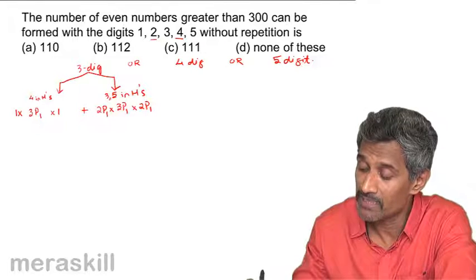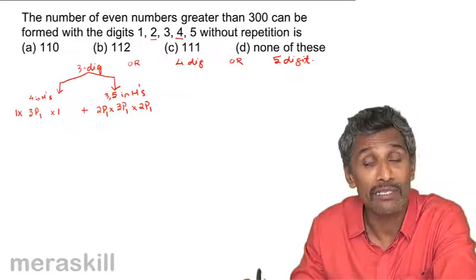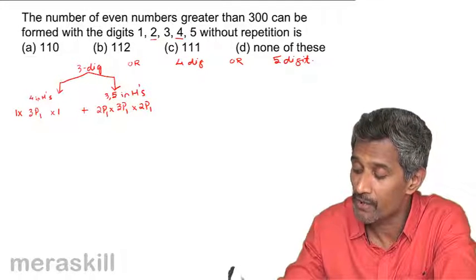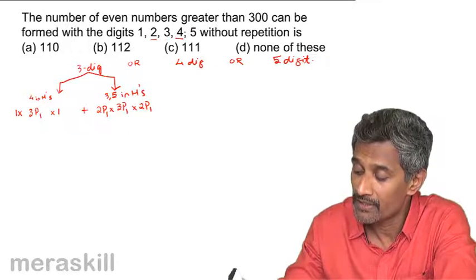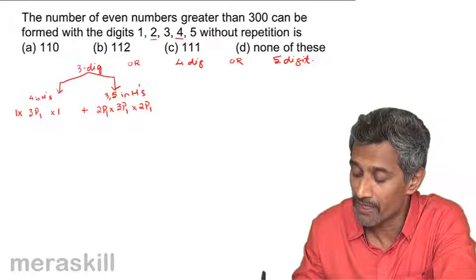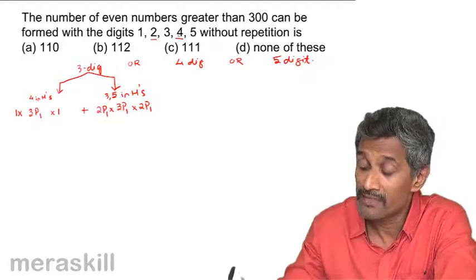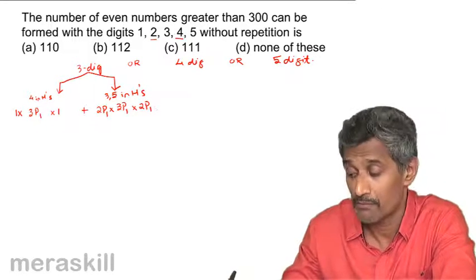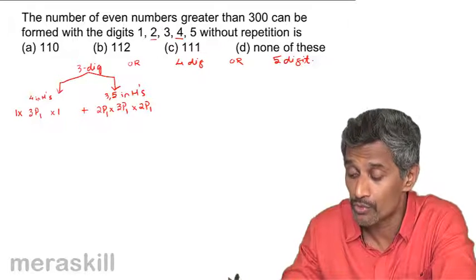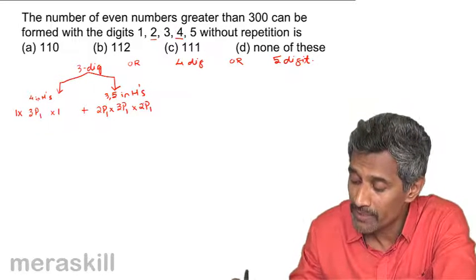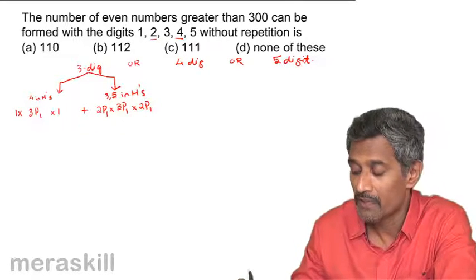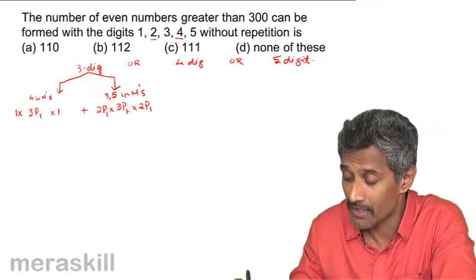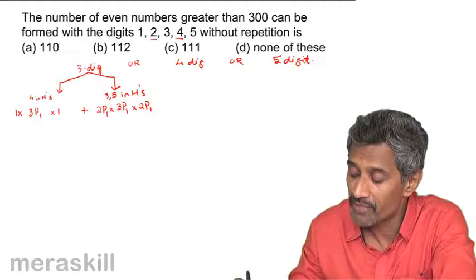The other possibility is 4 is not in the hundreds place, so it's either 3 or 5 in the hundreds place, that is chosen in 2P1 ways. And since 4 is not in the hundreds place, it could be in the units place, but there could also be 2. So 2 or 4 have to be in the units place, 2P1. The remaining 1 digit would be chosen in 3P1 ways.